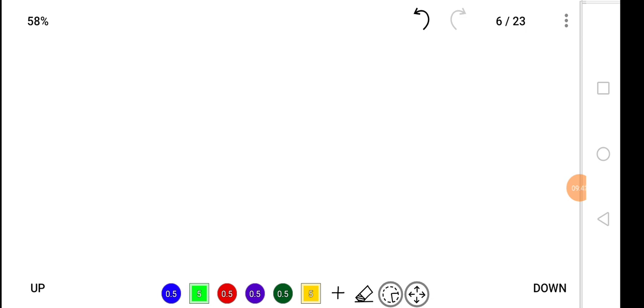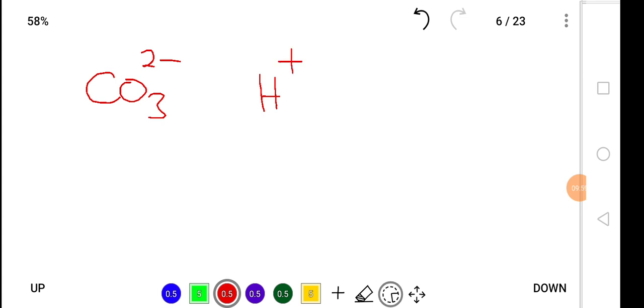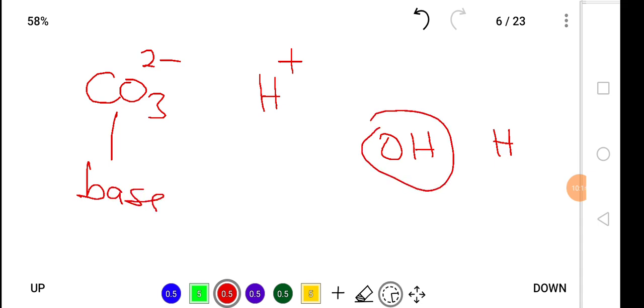So we are going to have a carbonate reacting with hydrogen ions from an acid, just like the hydroxide and an acid, meaning this carbonate is behaving like a base. In the same way, the hydroxide, this side, is basic.